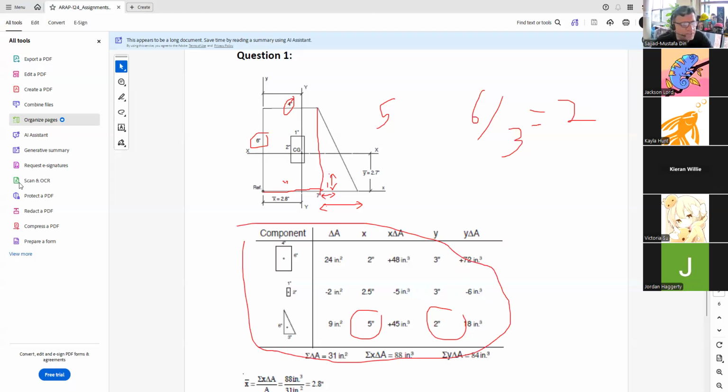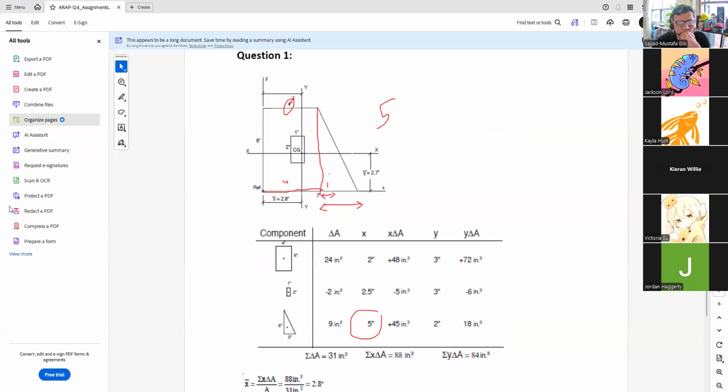I'm going to erase everything to not confuse you. Because it's one thing to get this table correct, then you want to use the information in the table correctly.